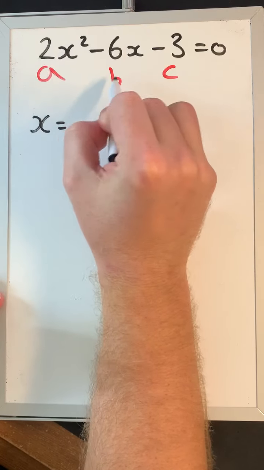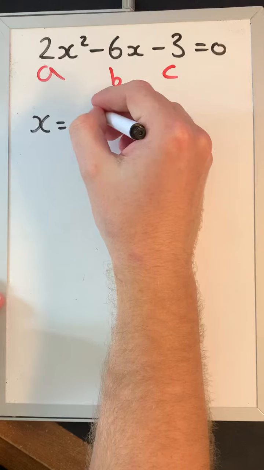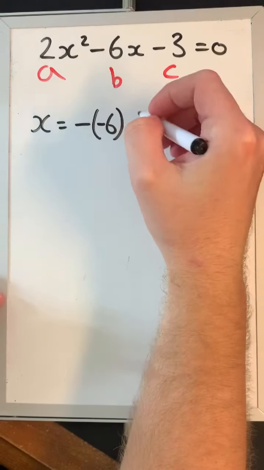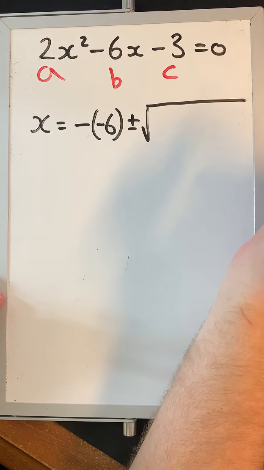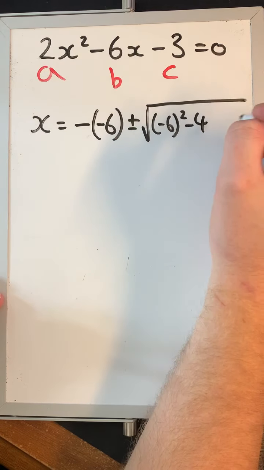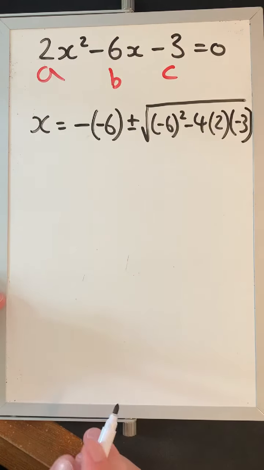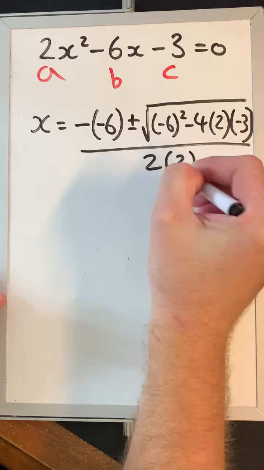Always be careful when this b is a negative, because the formula starts off with minus b, which means you're going to have minus a minus. So minus minus 6 plus or minus the square root of b squared, so that's minus 6 squared, minus 4 times a times c, so a is 2, c is minus 3, and that's all over 2a. Okay, so 2 times 2.